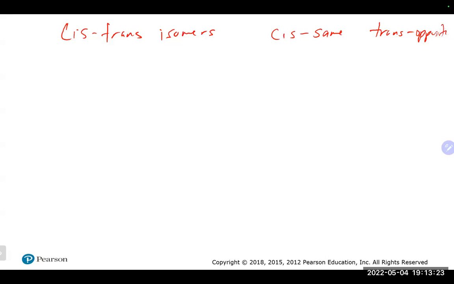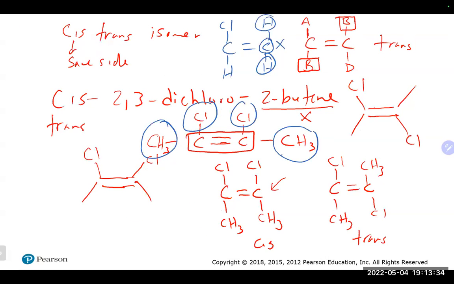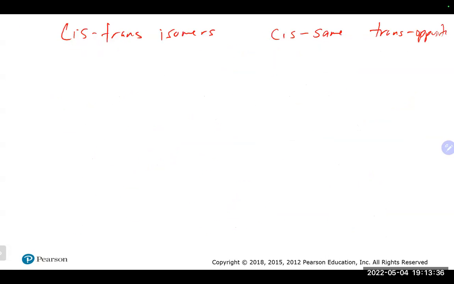Now, as we talked about last time, if you need to draw one of these, sometimes it's best to draw it straight and then readjust your drawing. For example, cis 2,3-dichloro-2-butene will work.